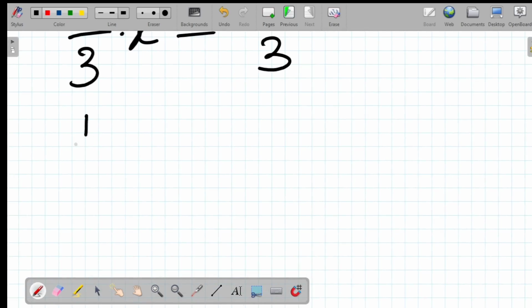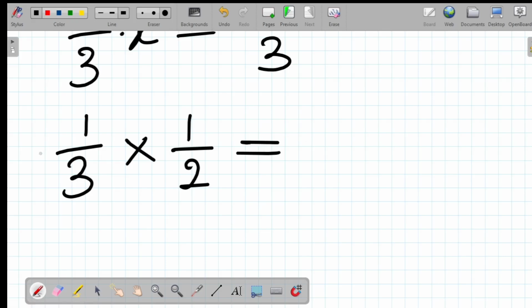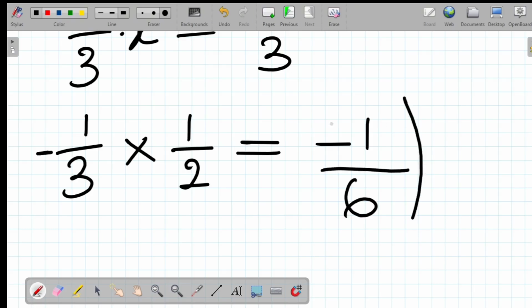So if you multiply 1 all over 3 by half, add the negative sign. Negative 1 all over 3 multiplied by half, it will give you negative 1 all over 6. And then let's square the answer.